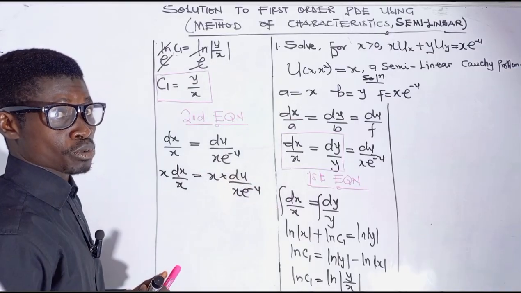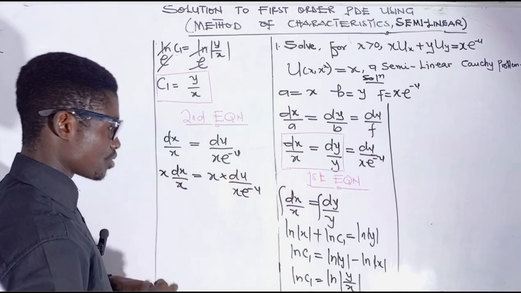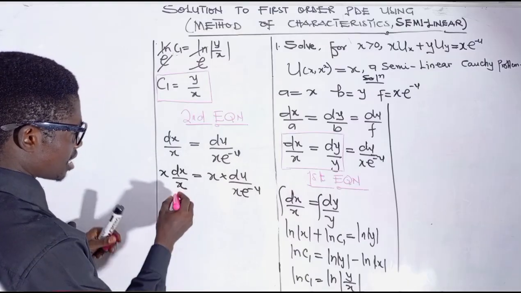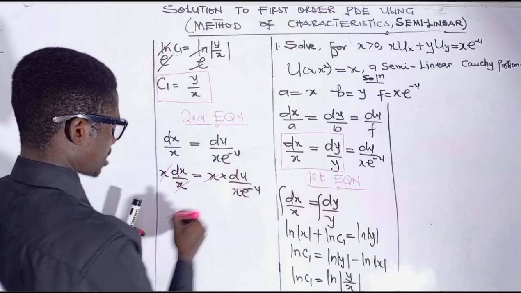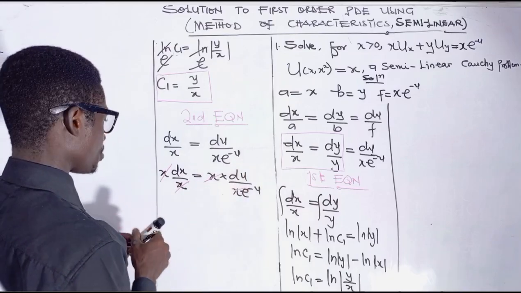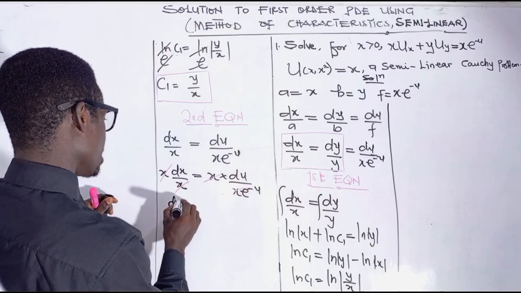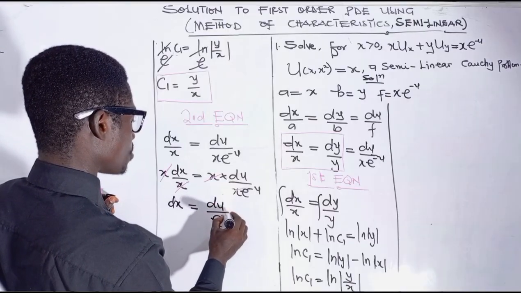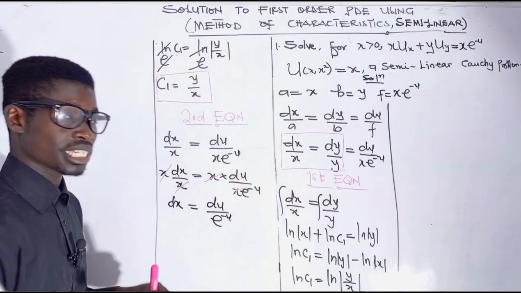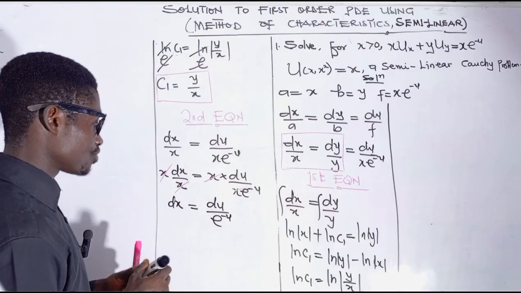This x will cancel this x, and this x will cancel this x, so that we are left with dx is equal to du all over e exponent negative u. So we have separated the variables and therefore we can integrate straight away.